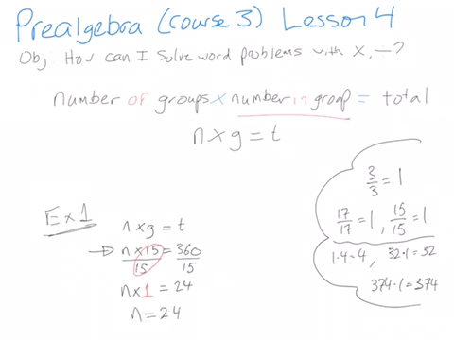Well, what is n again? N is that number of groups. In this case, number of rows. So my answer, since I have a word problem, I'm going to have a word answer. My answer is going to be 24 rows. There are 24 rows.